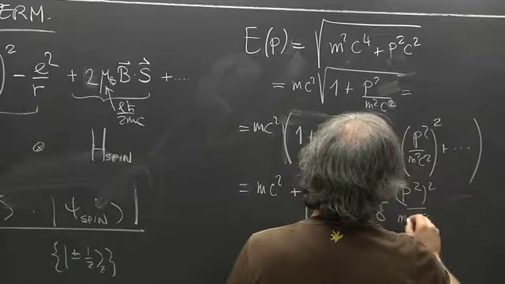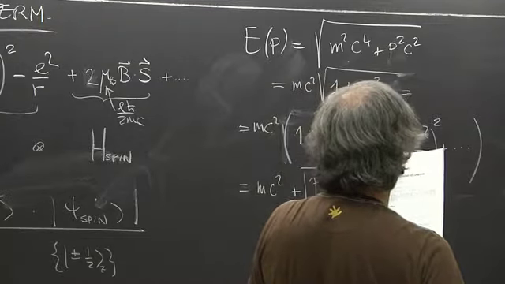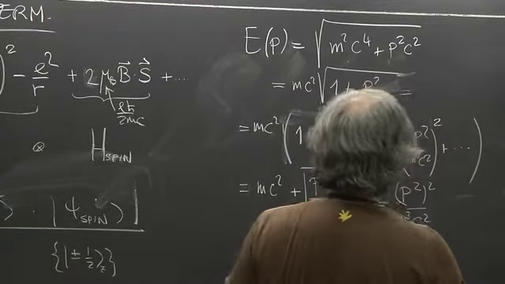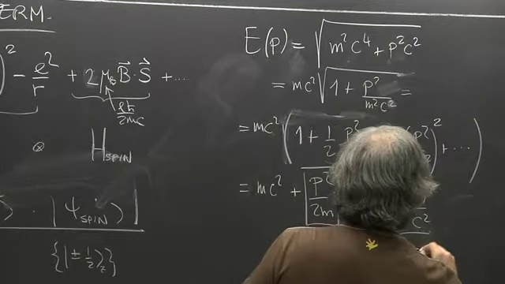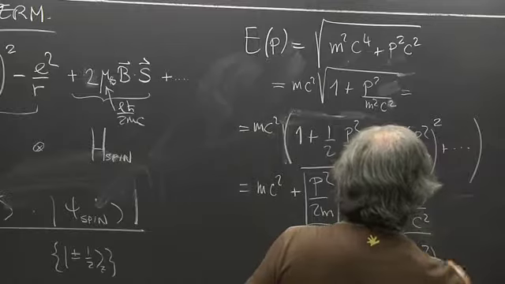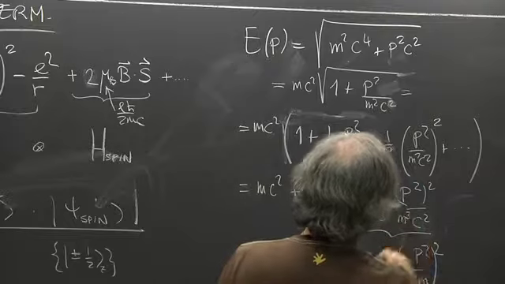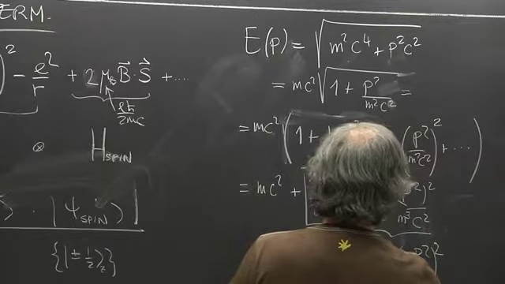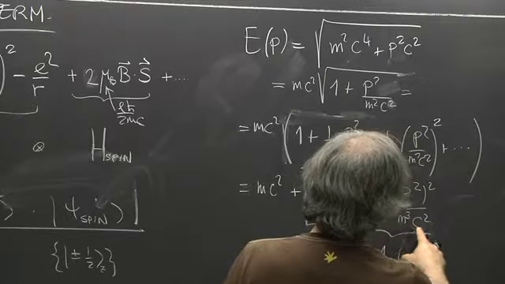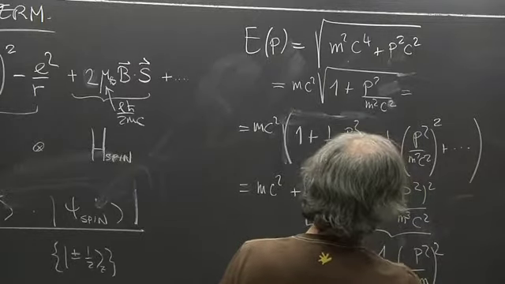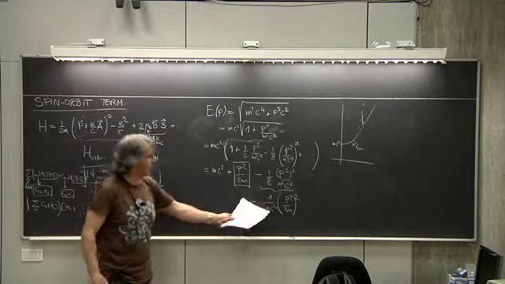Now you can rewrite this in the following way: p squared over 2m, squared. You recognize there is a 4 and an m squared. Then I have still to divide by mc squared, and still I need a factor 2. So I can rewrite this term like that.